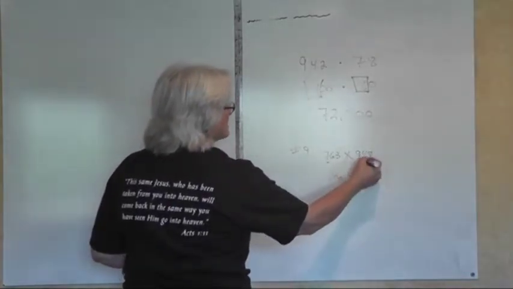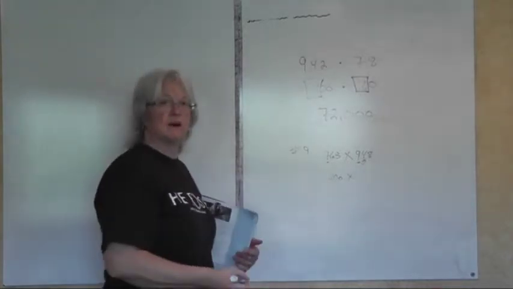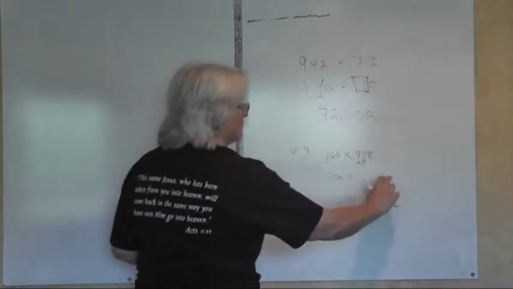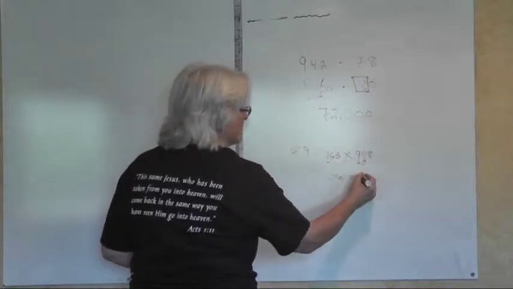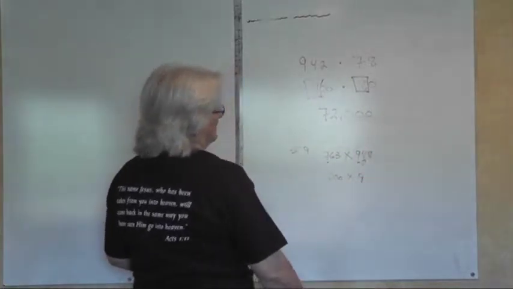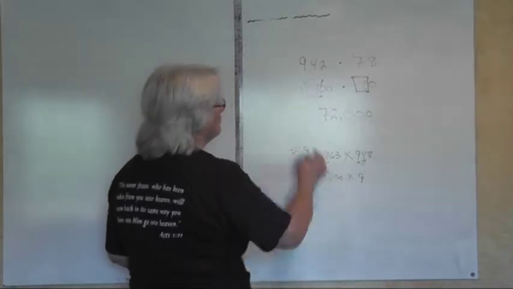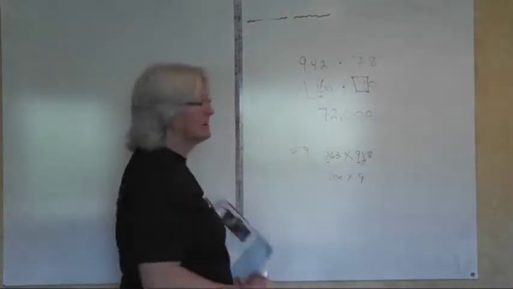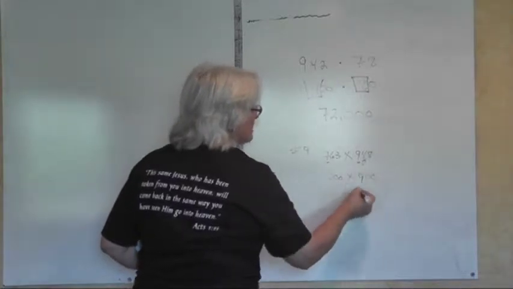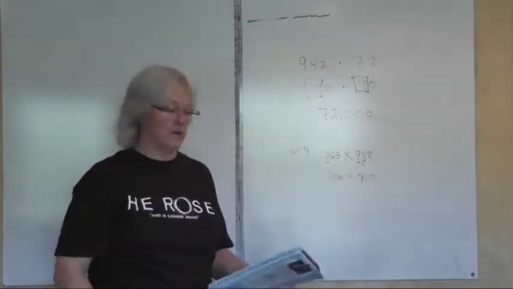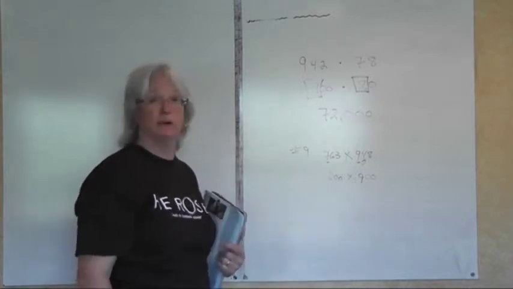The digit next to it is 4, less than 5, but 948 rounds up to 900. Oh, how funny, I did not even realize how similar these problems are. We now have 800 times 900.